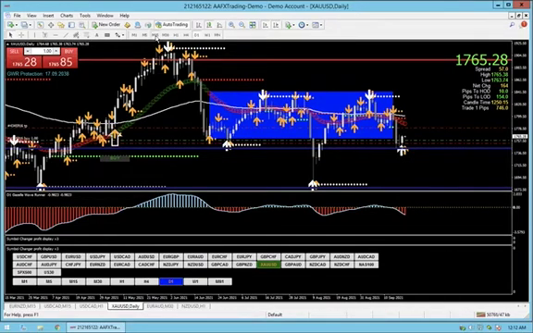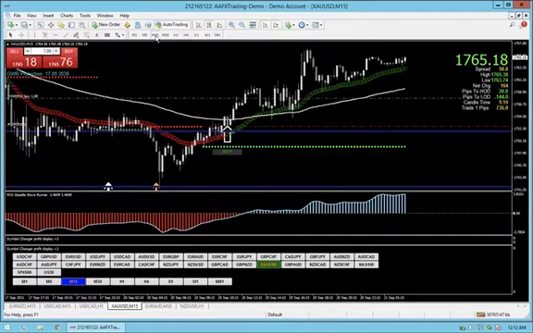If I go back to the 15-minute, I see a great setup here. So now I know it is the directional bias of the daily, the directional bias of the 4-hour, and now I'm heading in the direction of the daily trend. So this qualifies as an A setup. It doesn't get any better than this, guys.